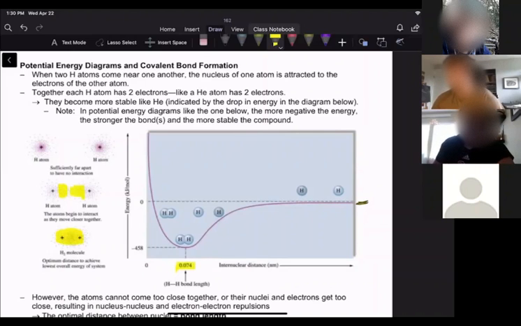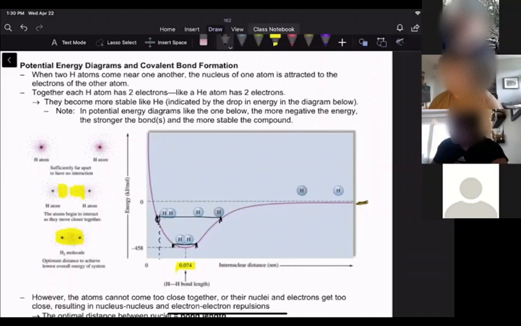But it's not actually just sitting there. Of course, it's vibrating back and forth. And so we can think of that as a vibrational energy where they come close and then they go far apart. So they're kind of vibrating back and forth on that line around that lowest vibrational energy. Then up here in this picture, this is a higher vibrational energy level, right? They're coming even closer together and even farther apart.